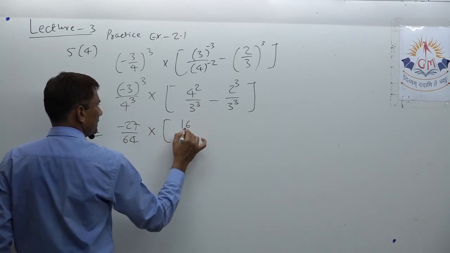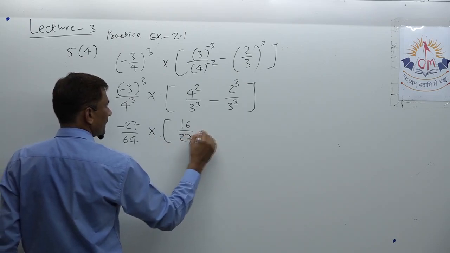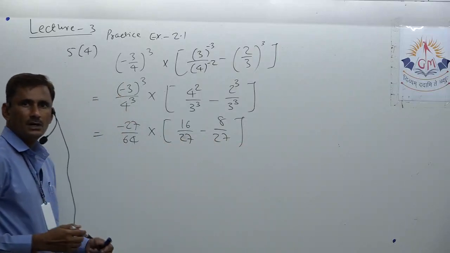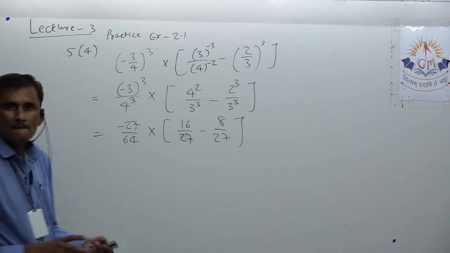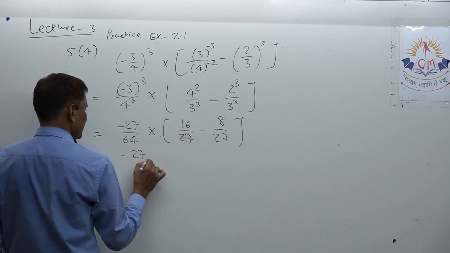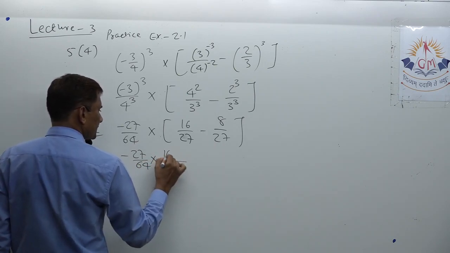Now it is 16 upon 27, 8 upon 27. It is very good, both denominators are equal, so no need to take LCM there. So minus 27 upon 64, so here I can write 27 and 16 minus 8.